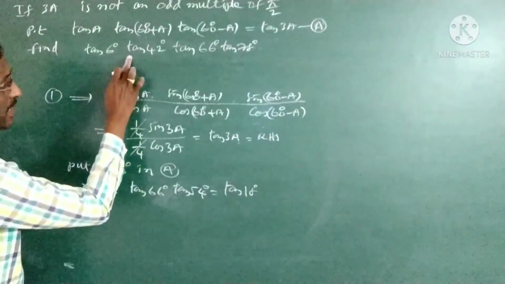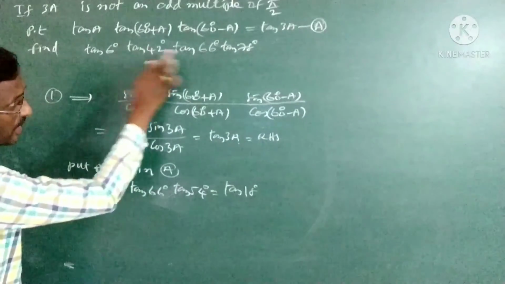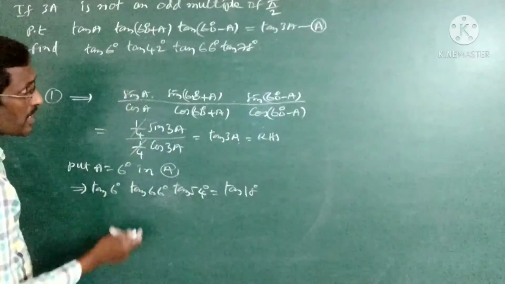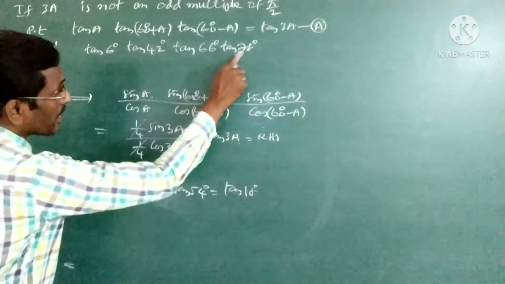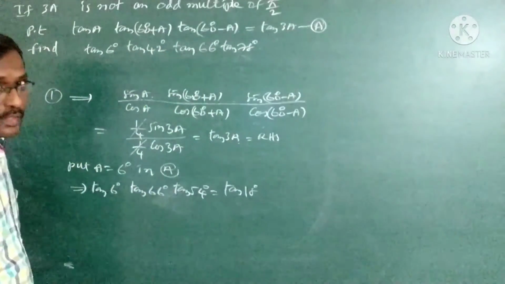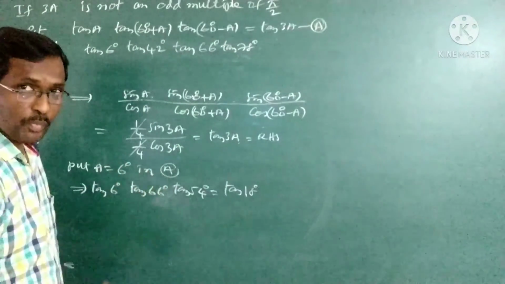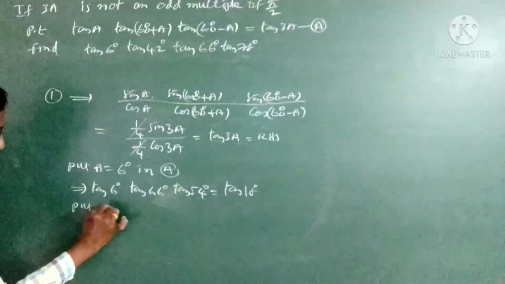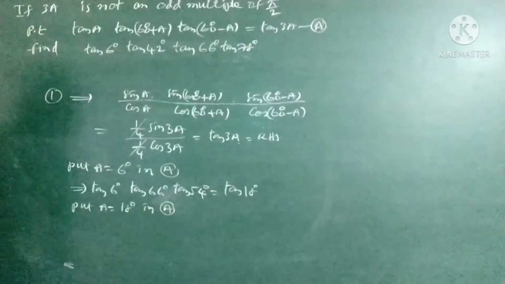So what do we require here? 6 we have, 66 we have, 42 we require, 78 we require, but here we have the 54. So further we will write a equals, here what we are not getting, 78. To get the 78, you have to put a equals 18, then you will get the value. 60 minus 18, 42 you will get. So once again put a equals 18 degrees in equation A.